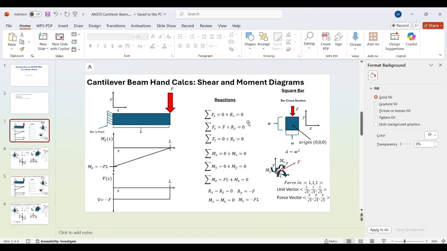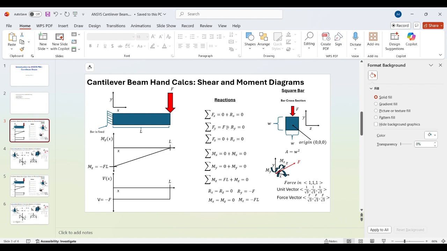So just to go over some theory, again, if you remember from your statics class, you want to find the reactions of a cantilevered beam or any beam or structure that you're working on. You sum all the components, the x, y, z components, equal to 0. So I've shown them here.